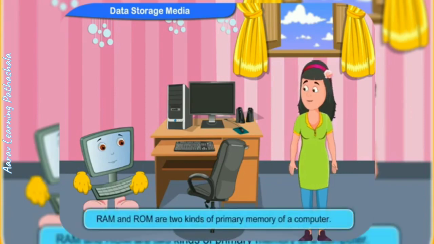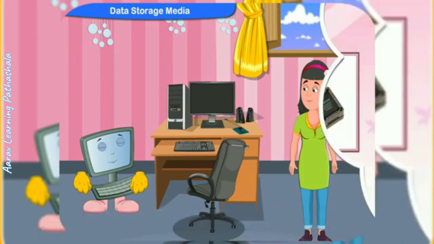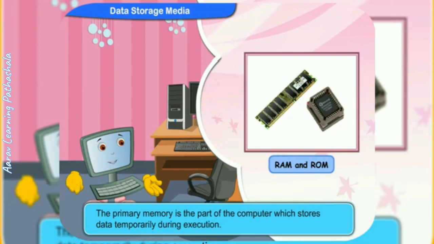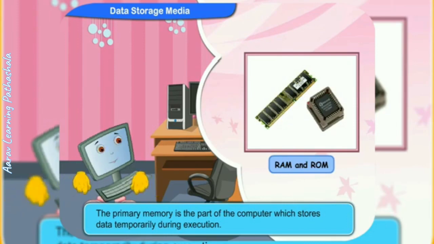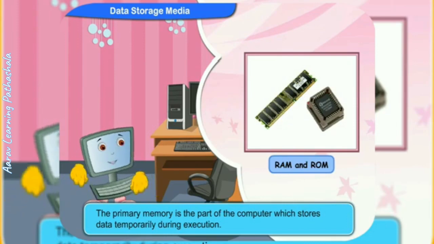RAM and ROM are 2 kinds of primary memory of a computer. Correct, Rennie. The primary memory is the part of the computer which stores data temporarily during execution. The computer's primary memory lets us know the amount of data that a computer can store in it.